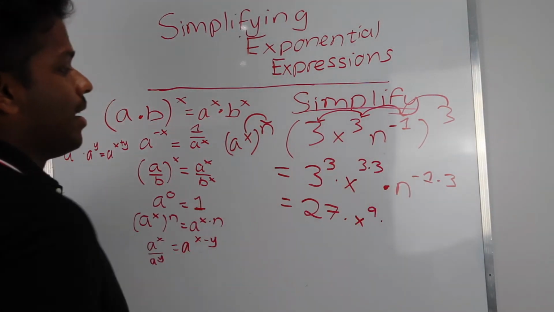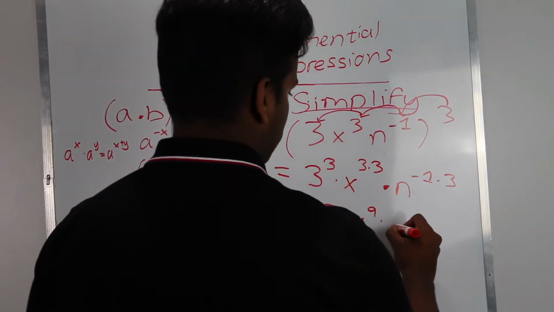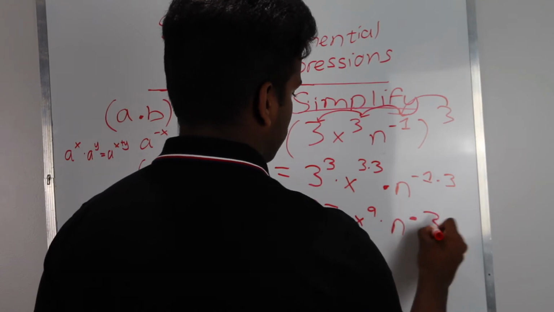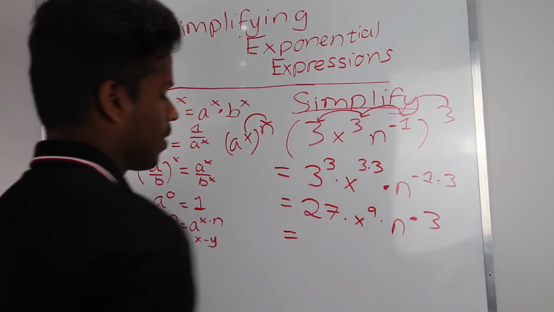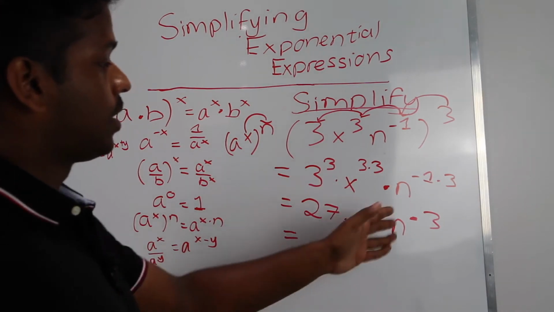And then n to the power of -1 times 3. So 27 times x to the power of 9 times n to the power of -3.